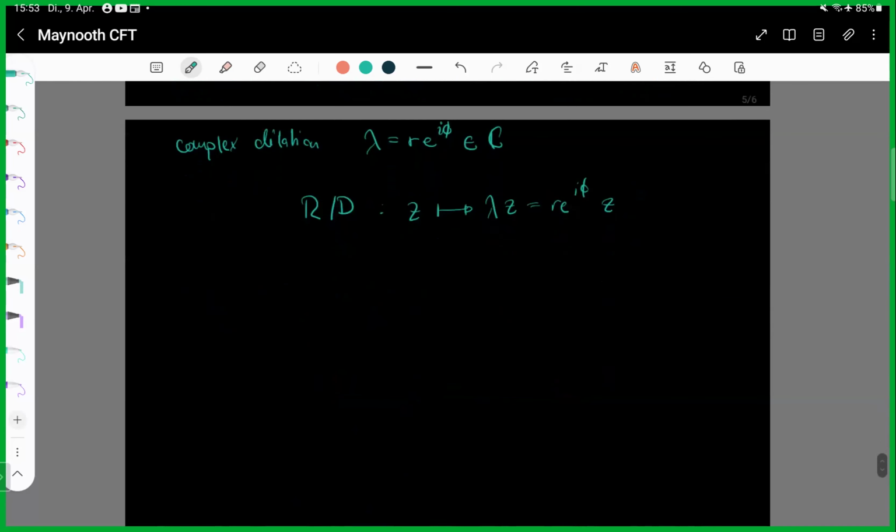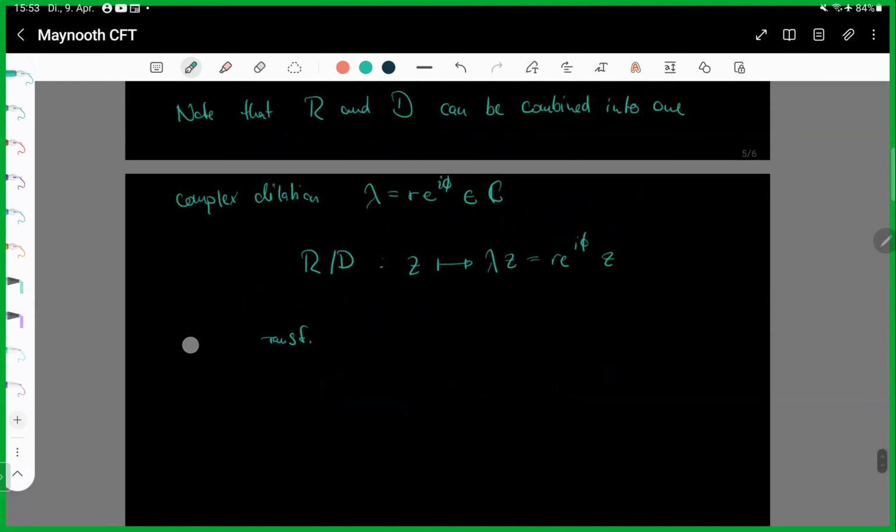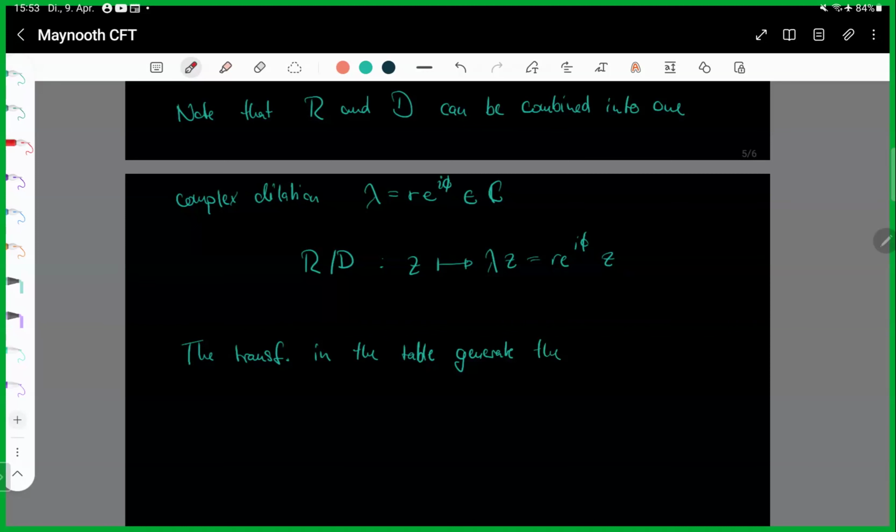Okay. So one thing that you can show, and this is again another thing that I will just refer you to the literature that I provide in the notes, is that the transformations in the table generate, and this is something that is well known to mathematicians, what is called the Möbius group.